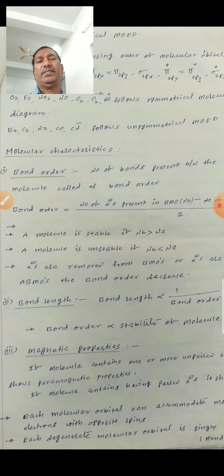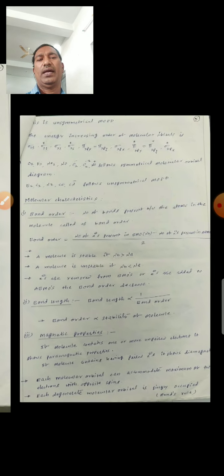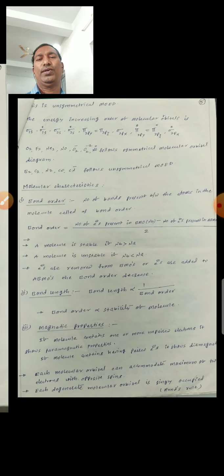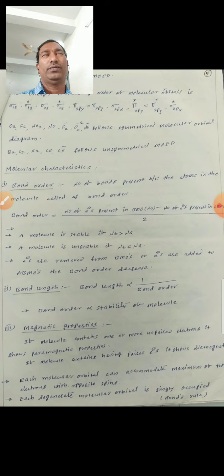Bond order means the number of bonds present between the atoms in a molecule. For example, the O2 molecule, O double bond O. The bond order of that molecule is 2, because 2 bonds are there between 2 oxygen atoms.